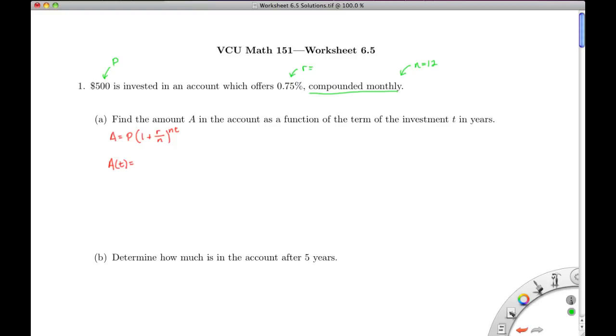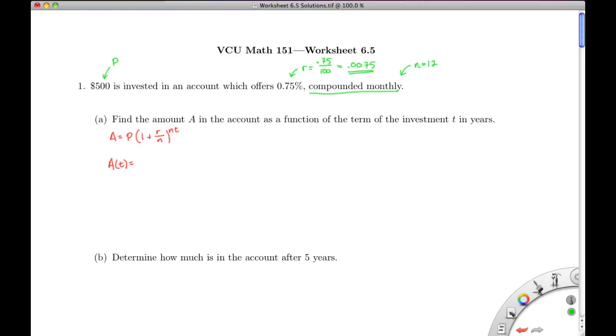If you think about 0.75%, that's 0.75 per 100. So that's 0.75 divided by 100, or 0.0075. This is what we're going to use as our R.